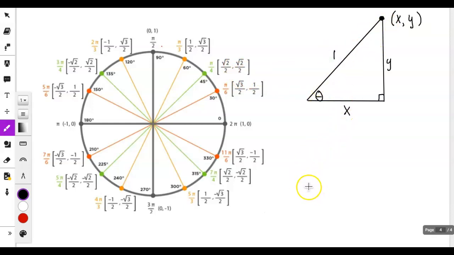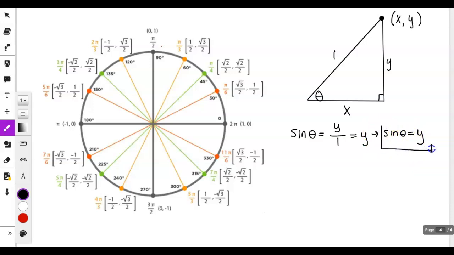So if we just do some SOHCAHTOA here, here's what we can see. We know that the sine of an angle is equal to the opposite side, in this case y, over the hypotenuse, which is 1. And y divided by 1 is just y. So what we've just shown is that the sine of any angle on the unit circle is just equal to whatever its y coordinate is.